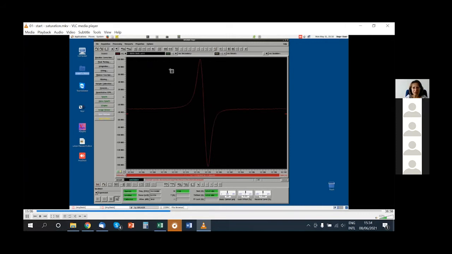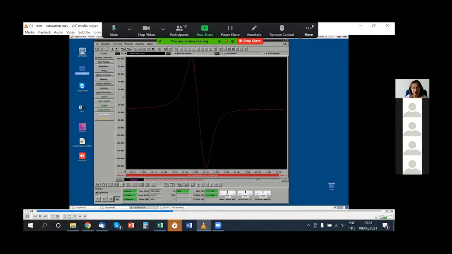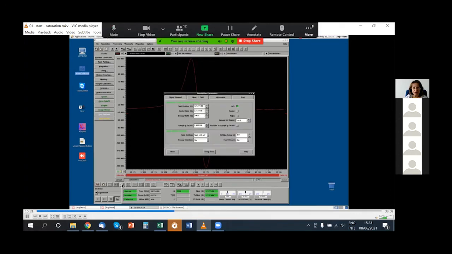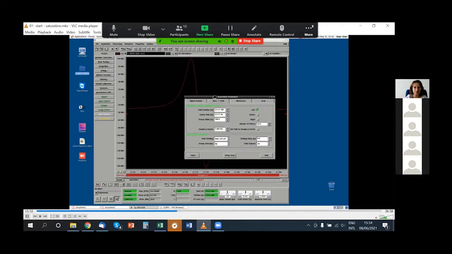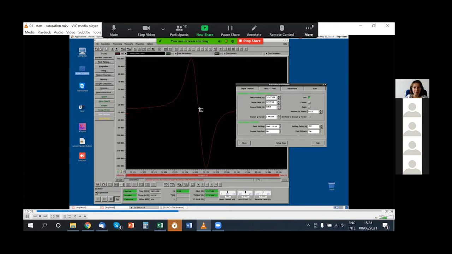So you see here, we are looking at the line width. Here we see the magnetic field value at this point, meaning this G factor has this value for this specific magnetic field position.